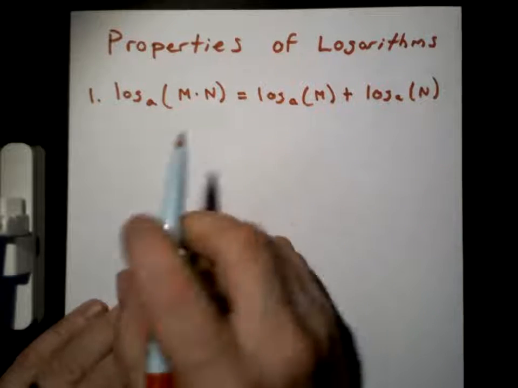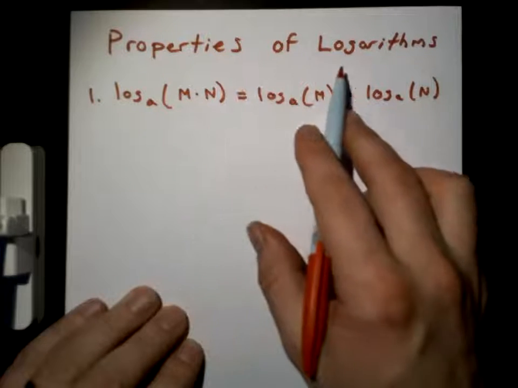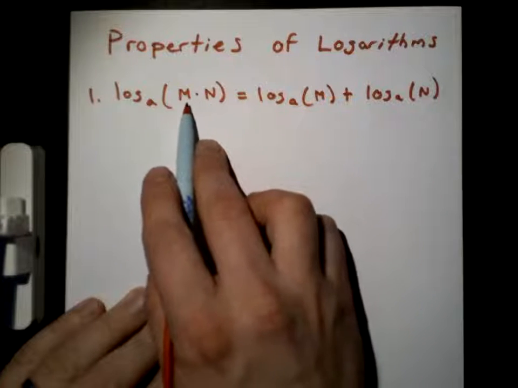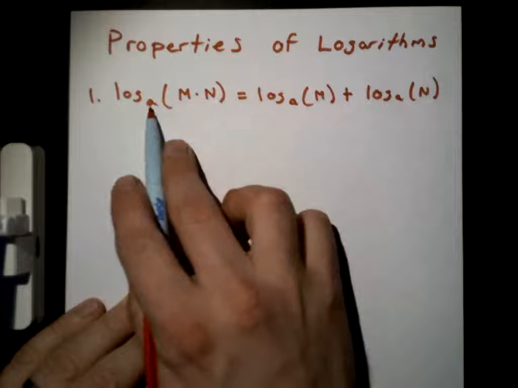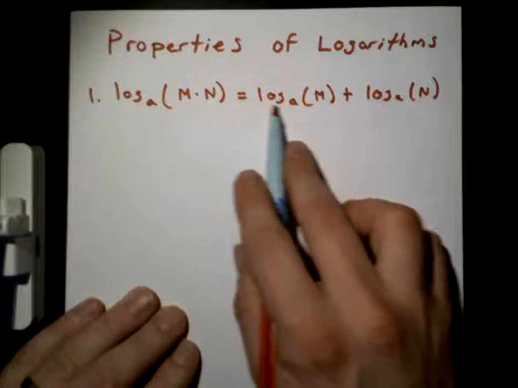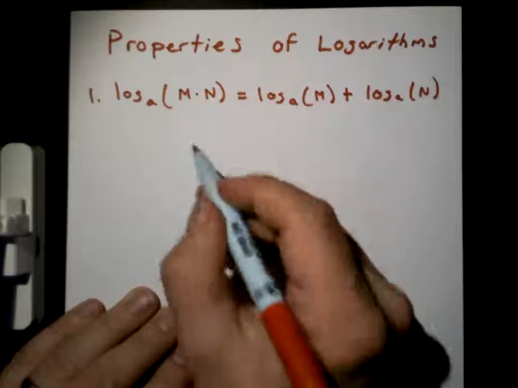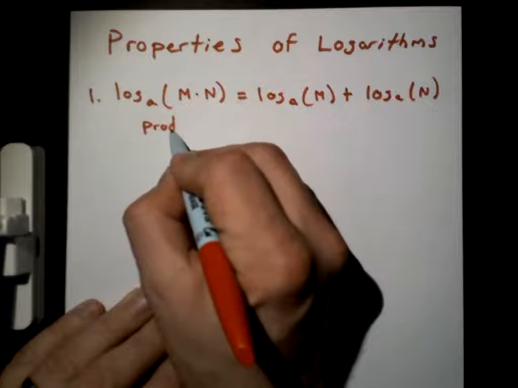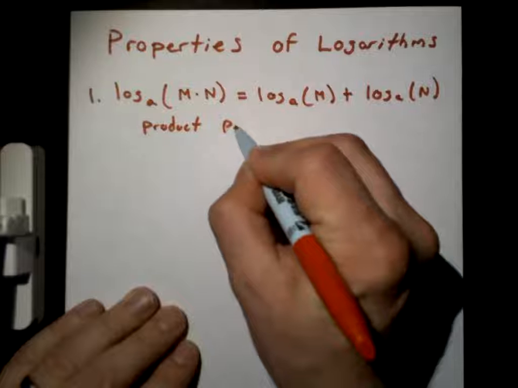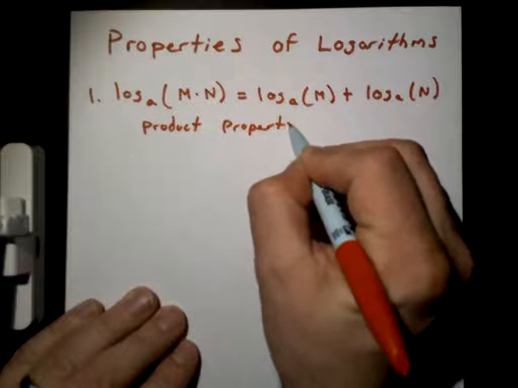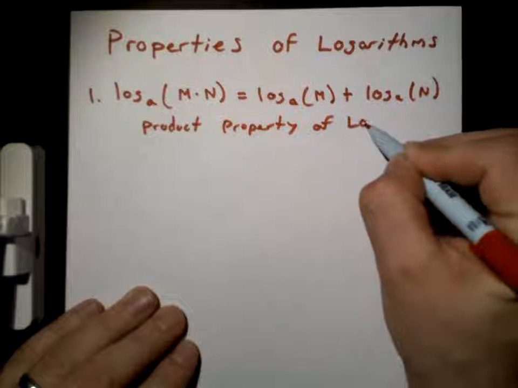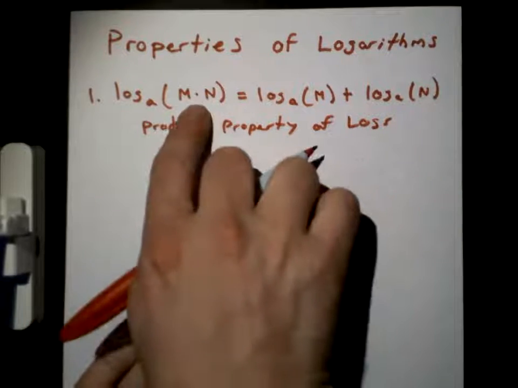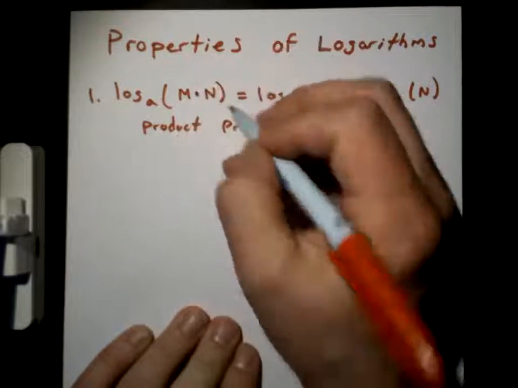What this is saying is that our first property of logarithms says that if we are multiplying two numbers with a log base a, this is going to be addition. We call this the product property of logs. Product, remember, is a multiplication.